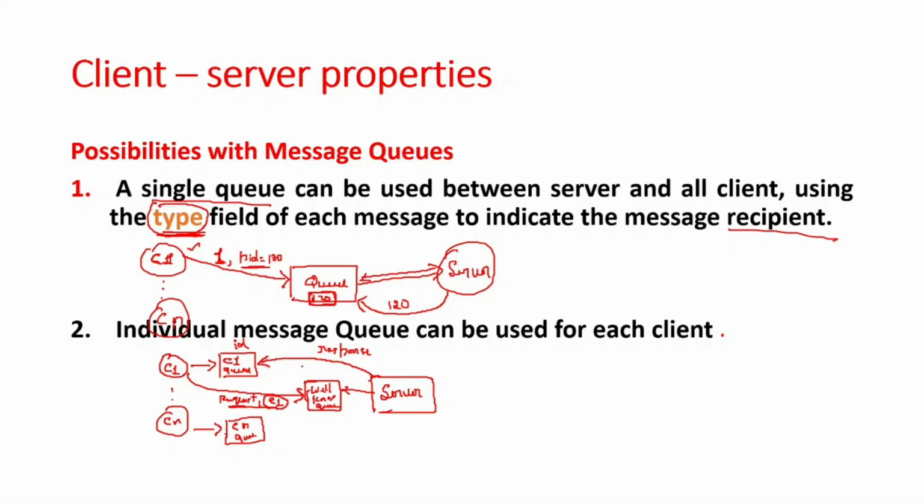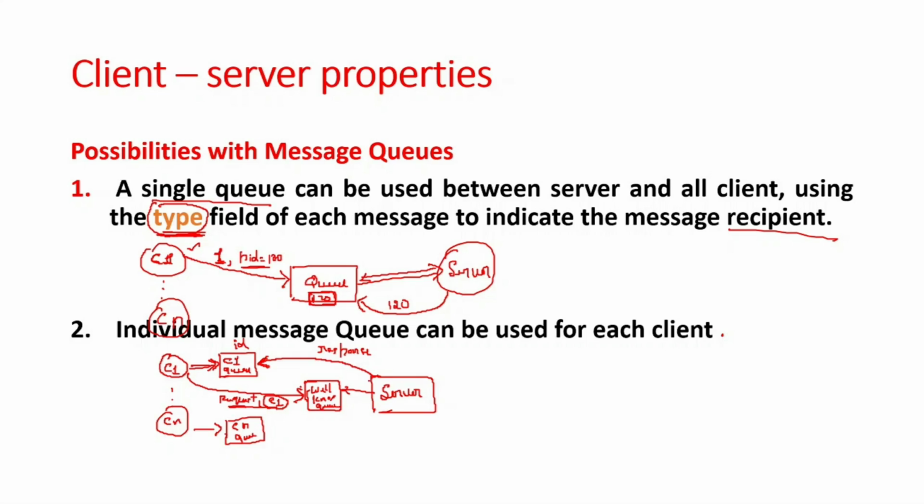So the response is sent to the client's individual queue, and through this the client can read the responses. This is how client and server can also communicate by having multiple queues.